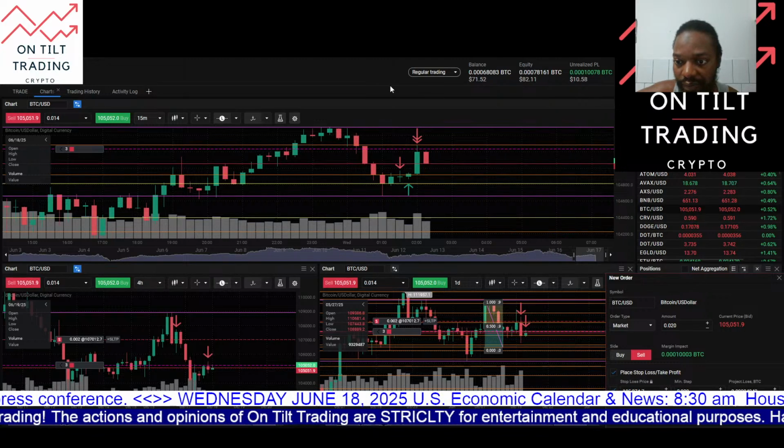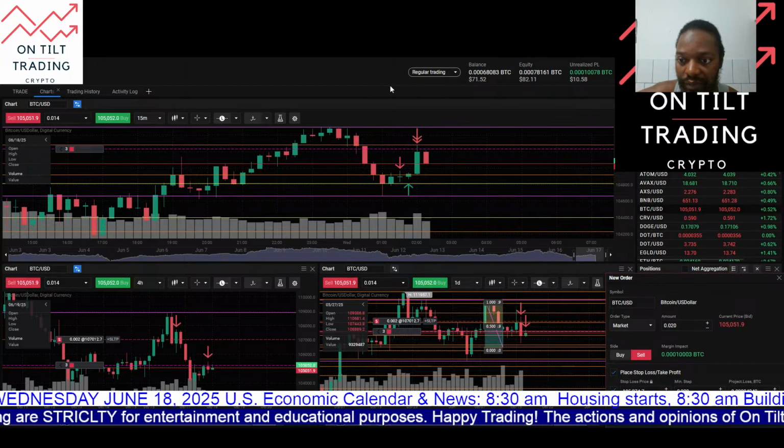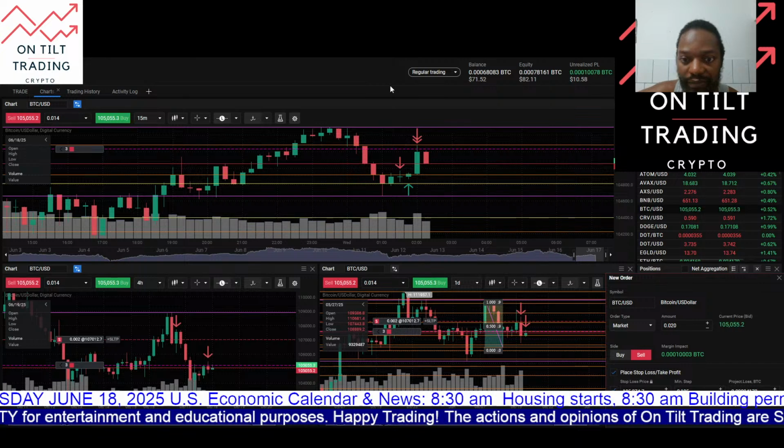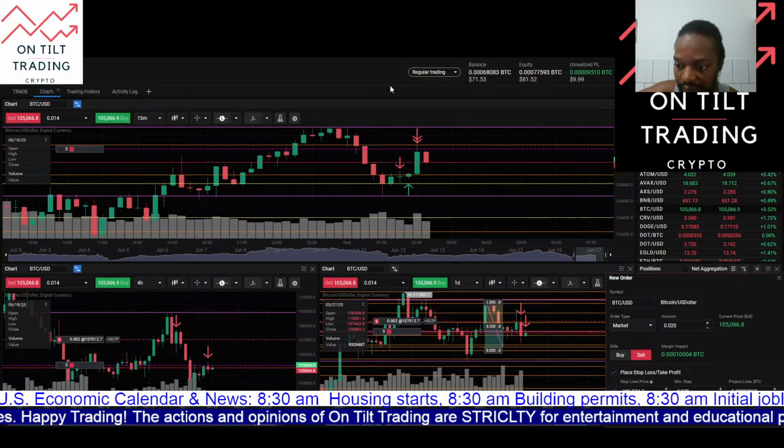Price trading at the 105.050 level, and consolidating in this area.